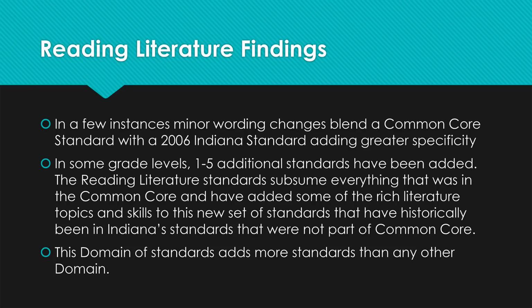The reading literature standards subsume everything that was in the Common Core, with a couple of exceptions, and include many of the rich literature topics and skills to this new set of standards that have historically been part of Indiana standards that were not part of Common Core. This domain of standards adds more standards than any other domain. So this is the domain I would pay particular attention to if I'm looking at having time to teach everything that is in the standards.